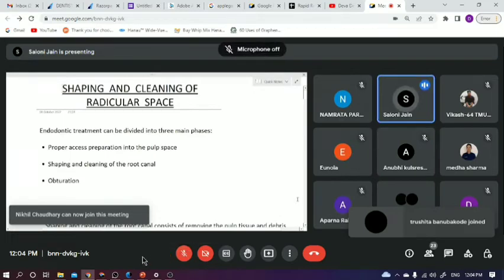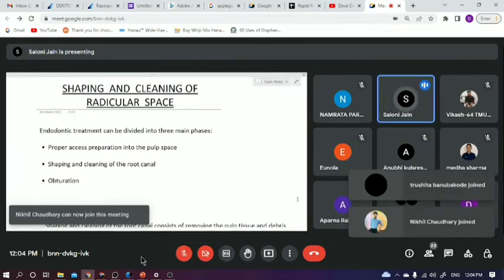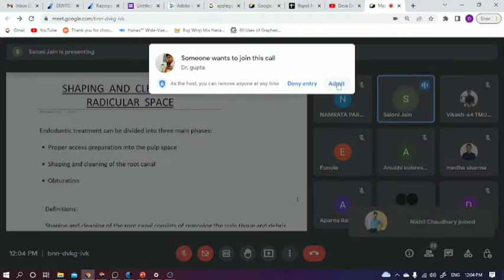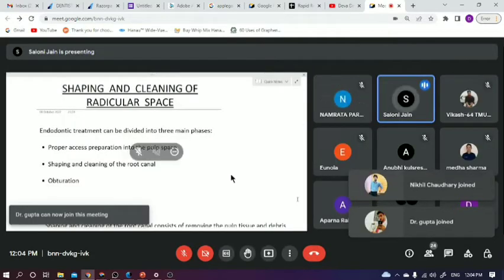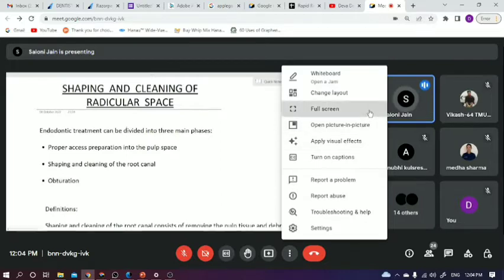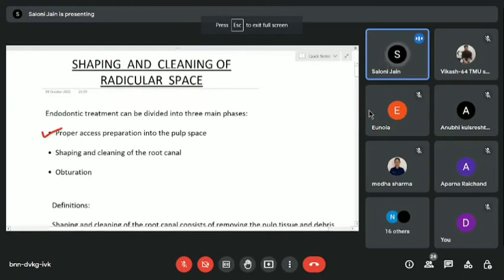So let's start with the topic, that is cleaning and shaping of radicular spaces. When you perform a root canal treatment, there are several steps, and the three main important phases into which an endodontic treatment is divided are proper access preparation, shaping and cleaning, and obturation.